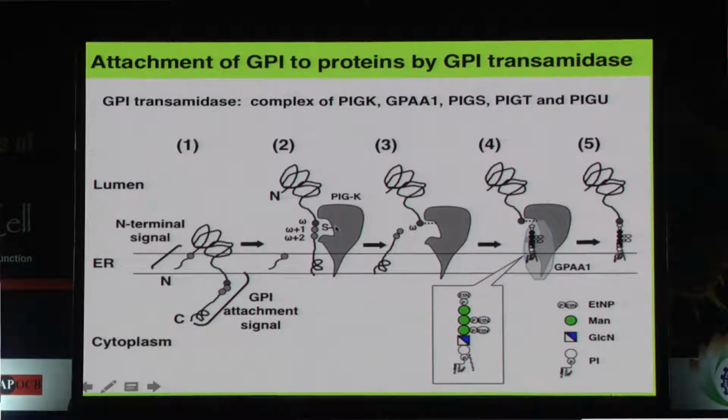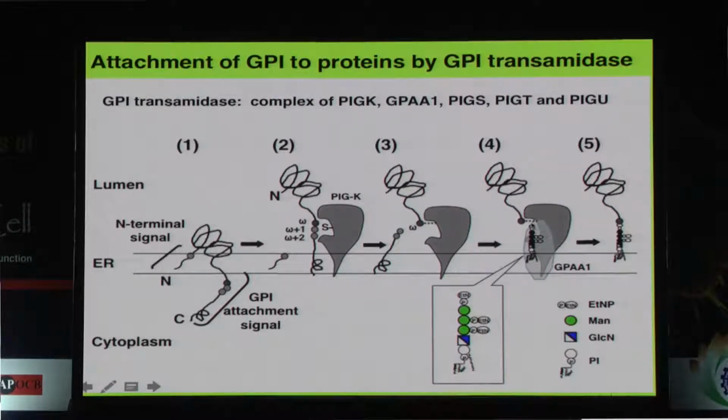With this cysteine, the peptide bond between the omega site amino acid and the omega plus 1 amino acid is attacked. And then the signal sequence is cleaved off. Then PIGK makes the substrate enzyme intermediate, which is linked by the thioester bond. And this thioester bond is now attacked by the amino group of the terminal ethanolamine on the GPI.